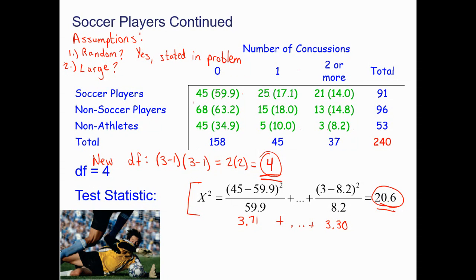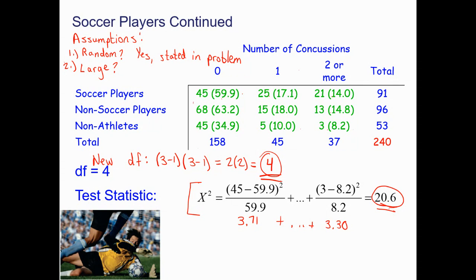Let me pull up our table and then we can, unless one of y'all already have it. Greater than 0.005? Oh, yeah. It'd be less than 0.005.